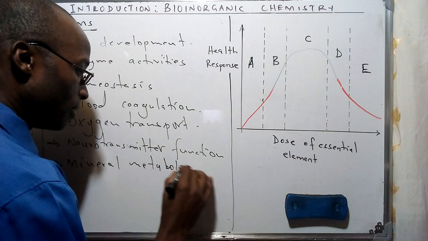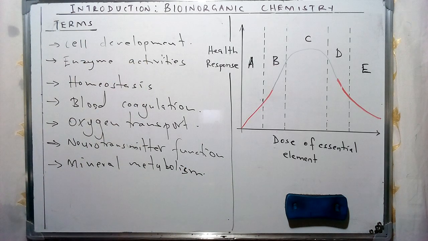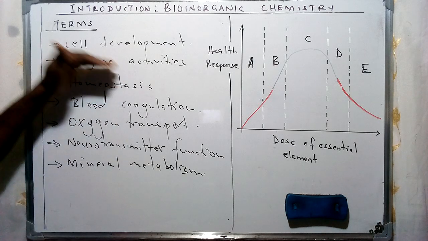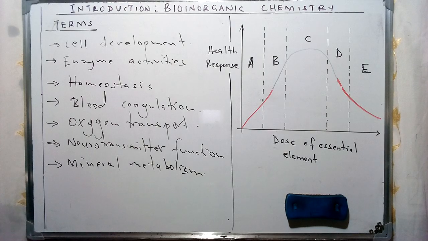So among others, these are some of the processes which we're going to encounter taking place in biological systems, and especially those are going to assist us in understanding some of the terms which we're going to come across in various processes which are essential for us to understand.